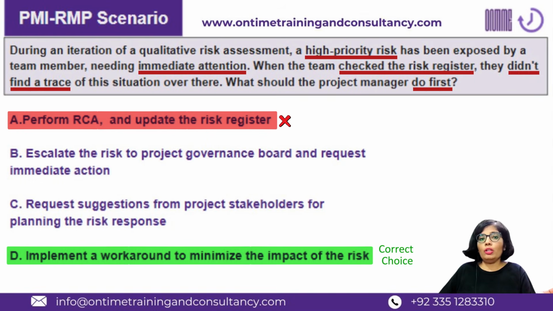Of course, you are going to qualify this risk in the risk register most likely as a first step. However, as the very next step, you will not go for RCA, you will go for a workaround, because you don't have any action step available in the risk register, right? And the intention is to minimize its impact, or maybe to provide an L1 or an early level support, so that at least you could bring it to a stable situation, right?